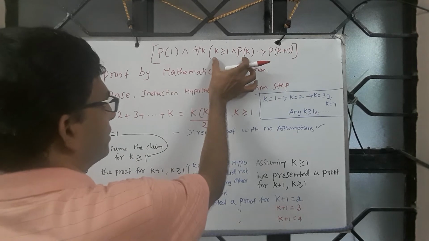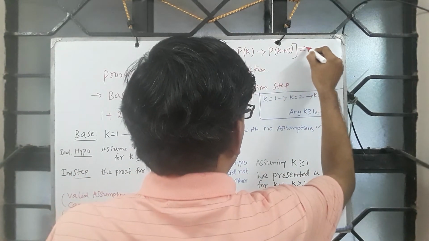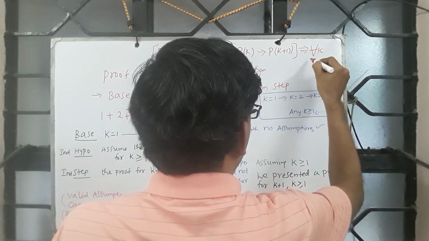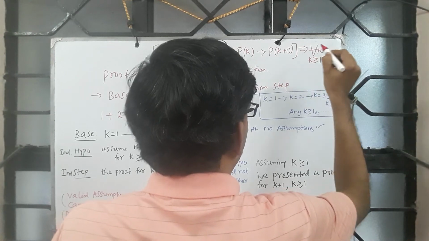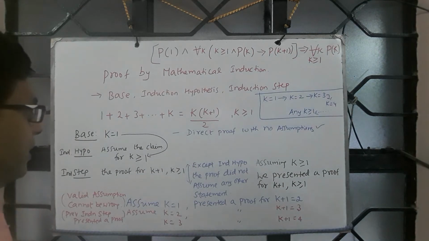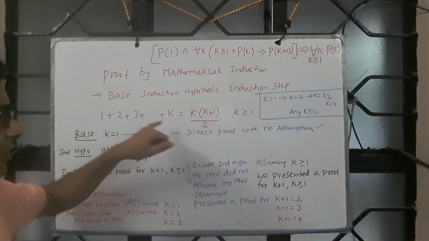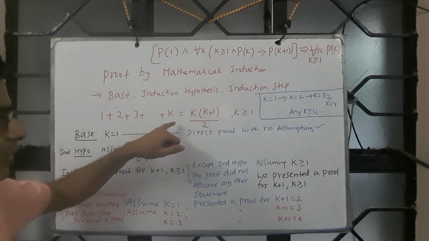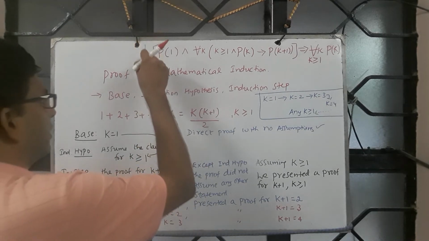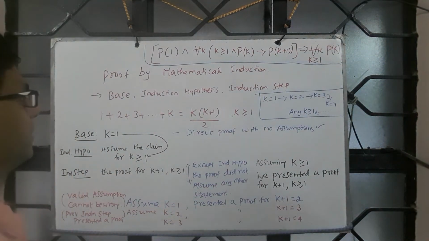Induction hypothesis implies induction step. Then we conclude, therefore, for all k at least 1, P of k. Then you conclude, for all k, the sum of first k natural numbers is k into k plus 1 by 2. And formally, when you write, this is what we get.